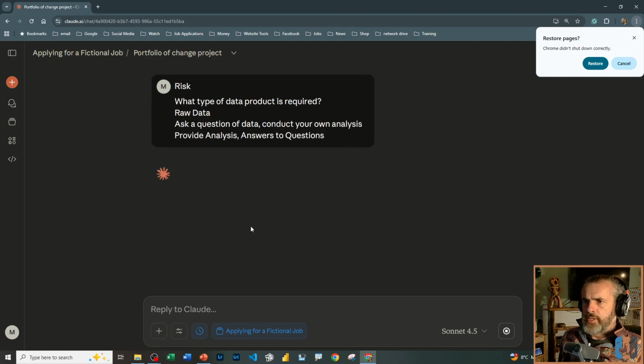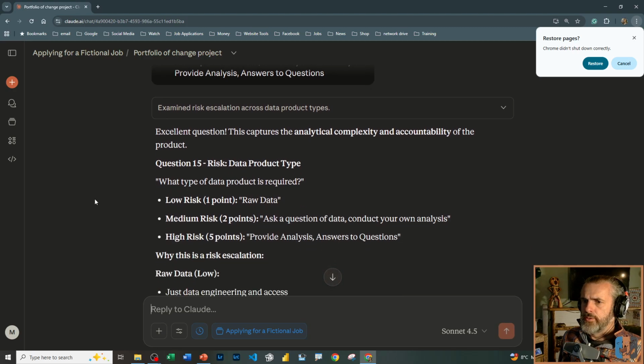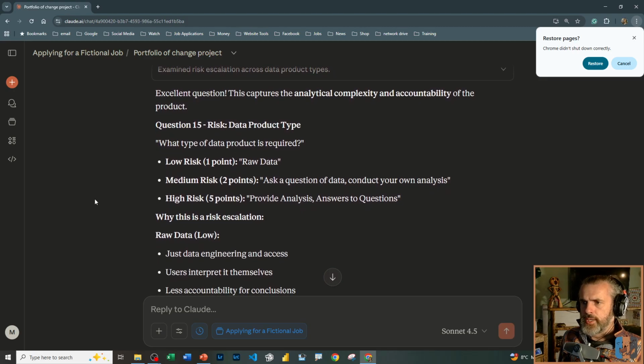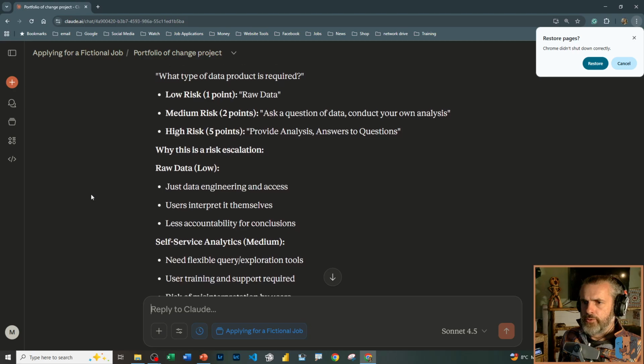What type of data product is required? Raw data, ask a question of data, conduct my analysis, provide analysis. Excellent question. This captures the analytical complexity and accountability of the product. So do they just want raw data? Do they want to ask a question of data and then conduct their own analysis, or do they want the product to provide analysis? The raw data response, yeah, it's just an engineering and access question.